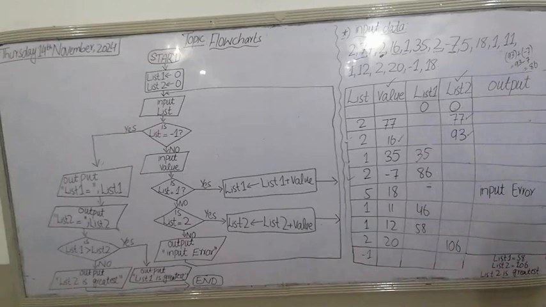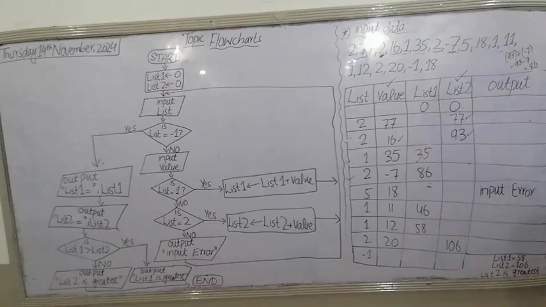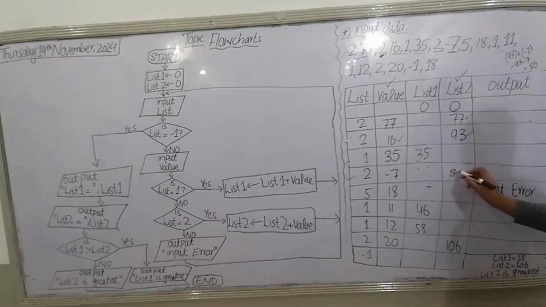Because the condition was saying list is equal to 2. So yes, the value stored in the variable list is equal to 2. And what we have to do, so this 86 will come here in this variable list 2.